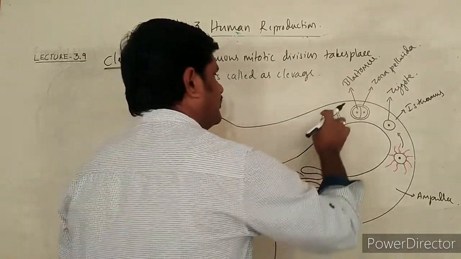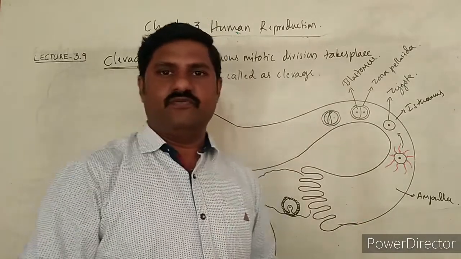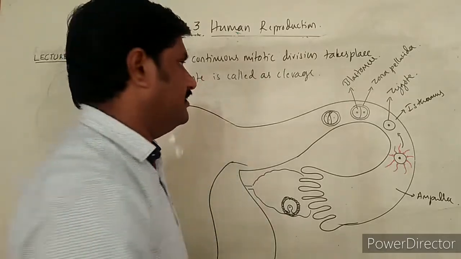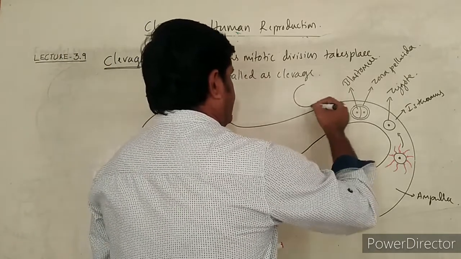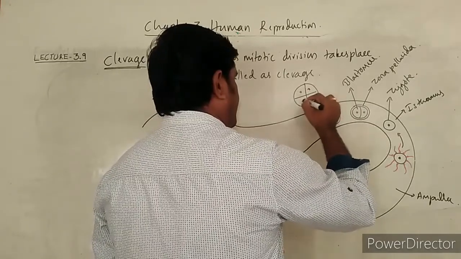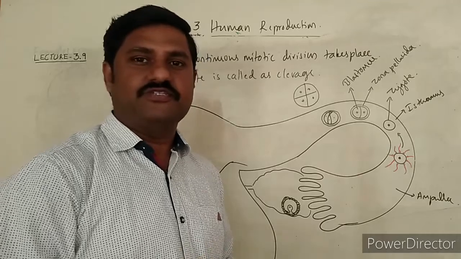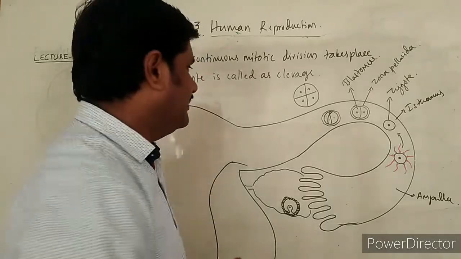Four cells are formed over here. In your NCERT it is given like this. Four-celled stage it is. Of course, no problem. Four-celled stage is formed, right?